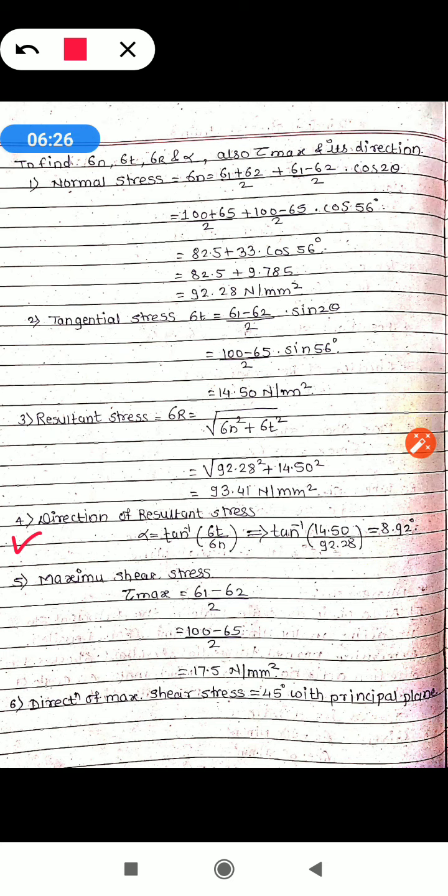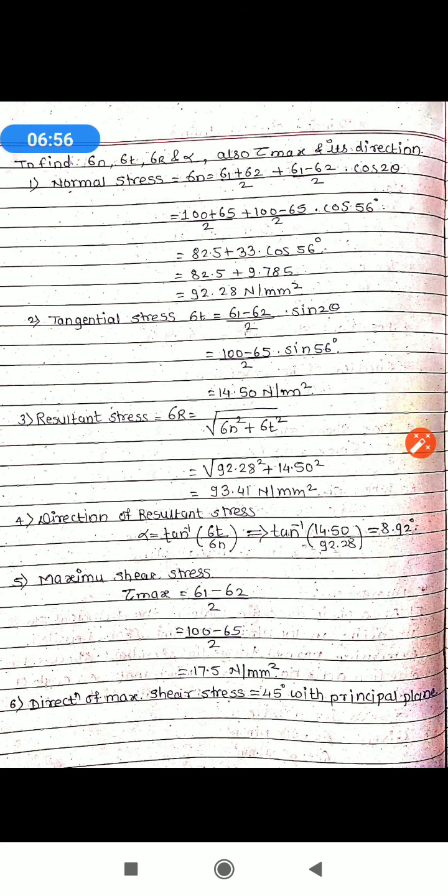Alpha is tan inverse sigma t upon sigma n, where sigma t is 14.50 and sigma n is 92.28. Putting these values, tan inverse 14.50 upon 92.28, our alpha is 8.92 degrees.